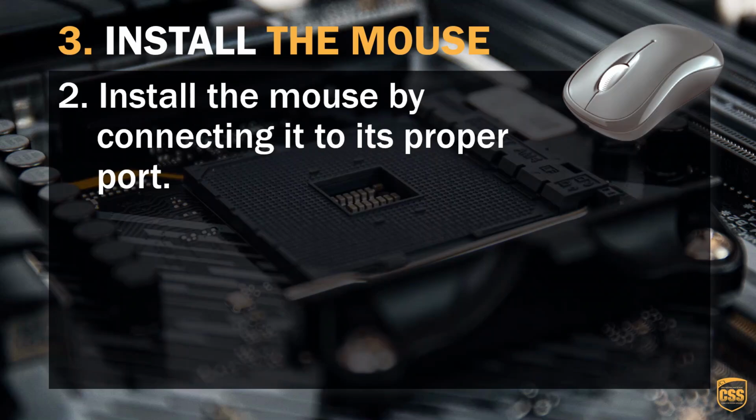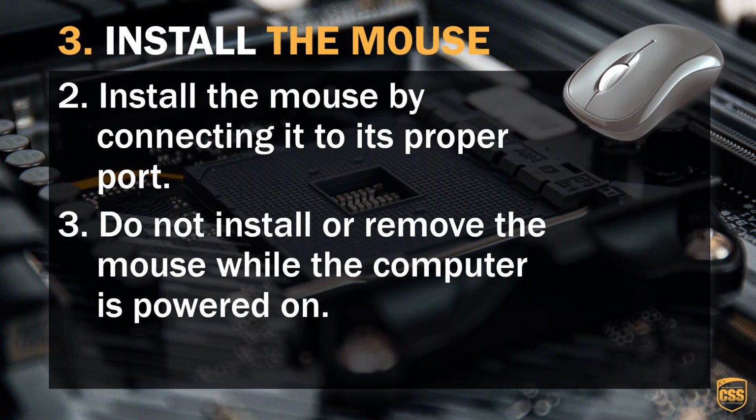If it is USB, you need to connect it to one of the USB ports. Okay. And of course, do not install or remove the mouse, similar to the keyboard, while the computer is powered on. You need to install it while the computer is turned off.